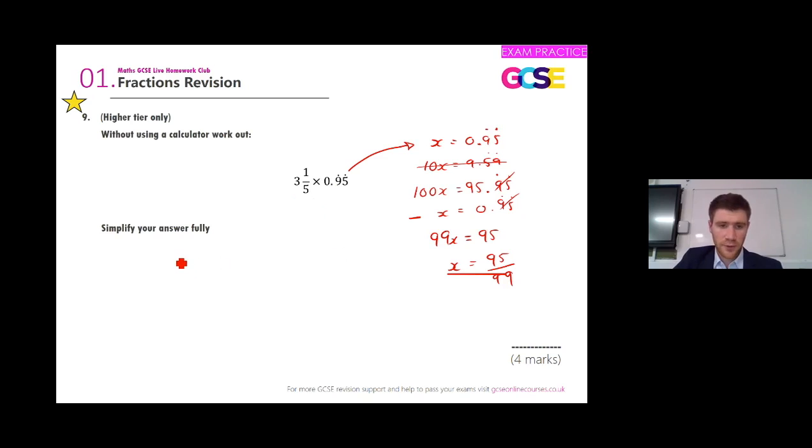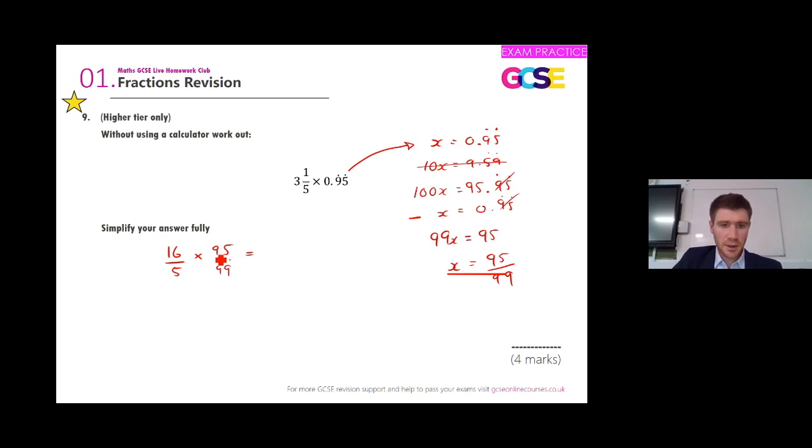So 3 and 1/5, not 3/5. 3 and 1/5 is 16 over 5 multiplied by 95 over 99. Not a nice question to do a multiplication for. I would advise that trick I showed you earlier to divide out the things that you have in common with these two.